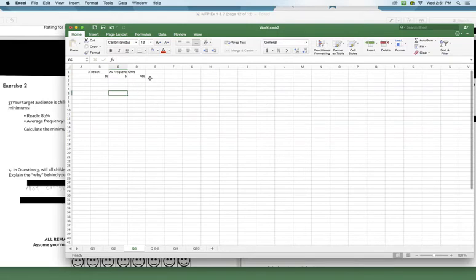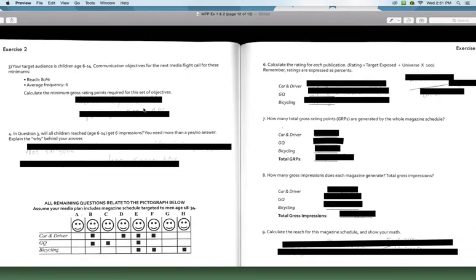So they mention in question 4 this whole notion of reaching 6 impressions here, and saying, what is it about this that all children will reach 6 impressions? And I gathered from the people who have turned their homework assignments in already that they kind of understood what they meant by, quote, average, because we see up here communication average frequency.